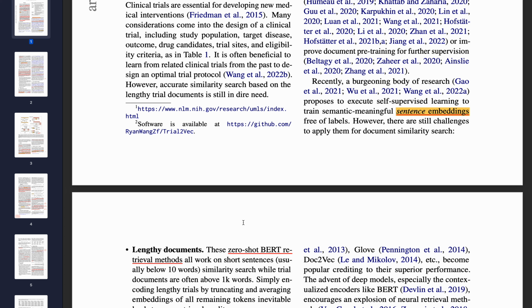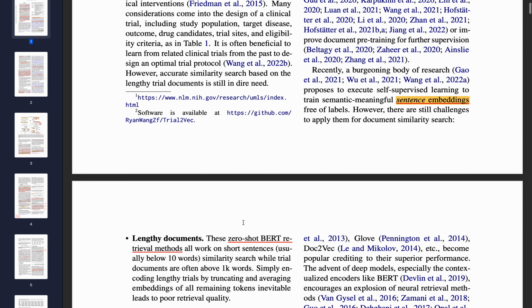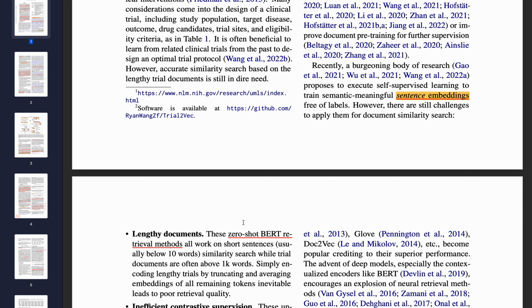As machines understand only numbers, there is this critical step of converting the text into numerical format. Earlier, it was done using sparse embedding techniques like term frequency inverse document frequency or BM25. But since, I believe, Trial2Vec was invented, dense representations have become very popular and they have increased the efficiency of the application significantly.